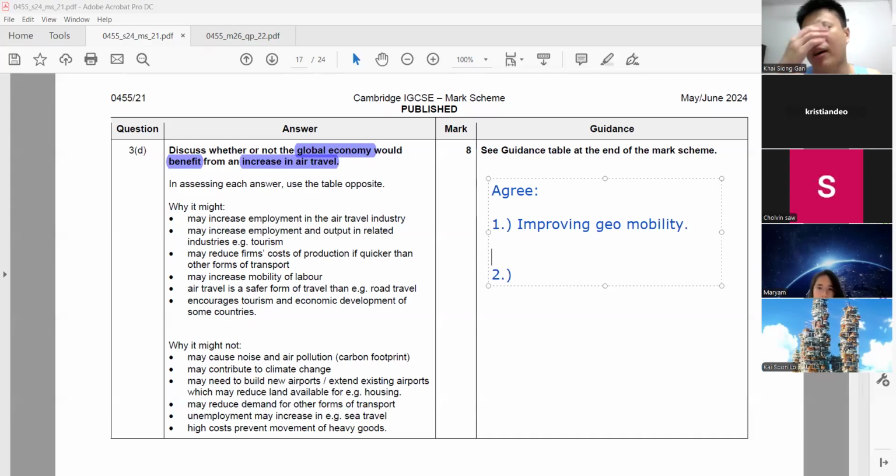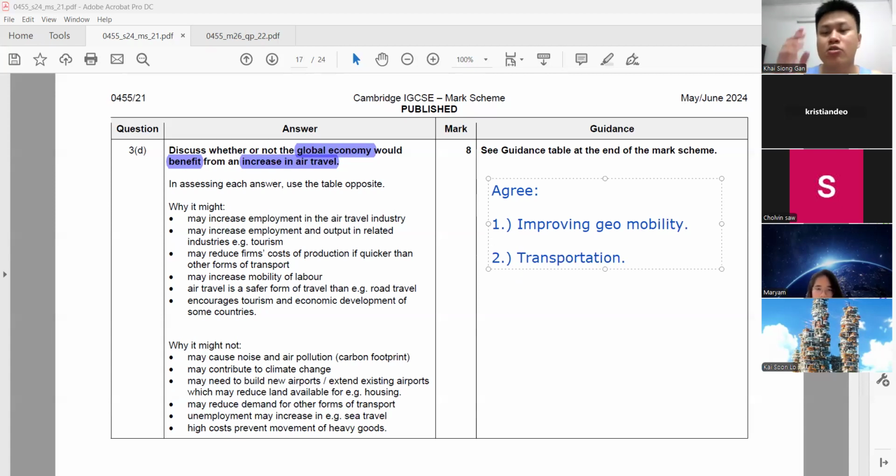Second thing, what did you talk about? Yeah, I forgot. What is your second point? I think you talked about something to do with transportation. I can't remember what I said, but your explanation is not good.